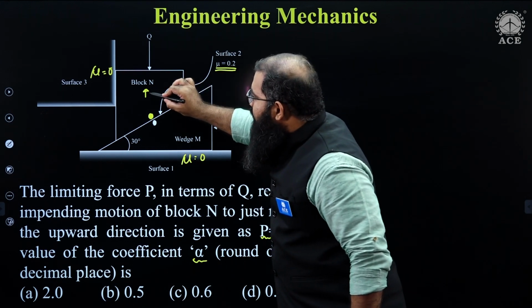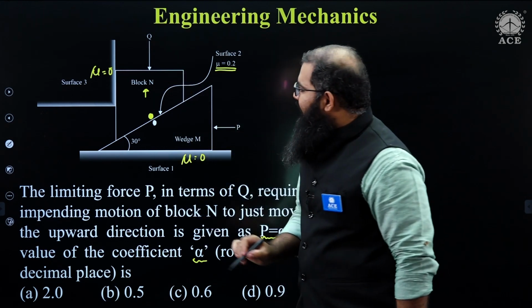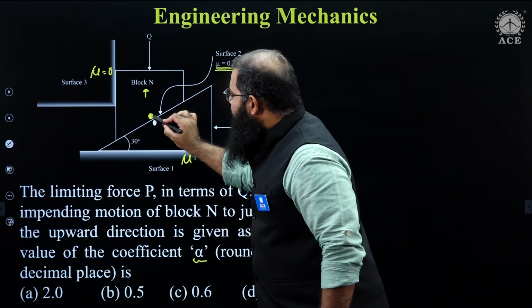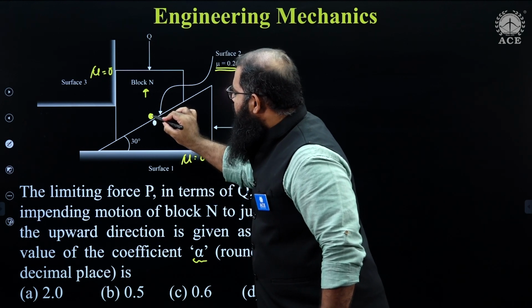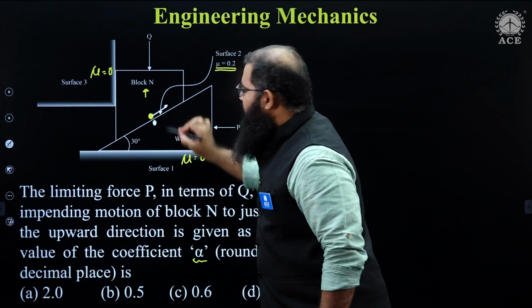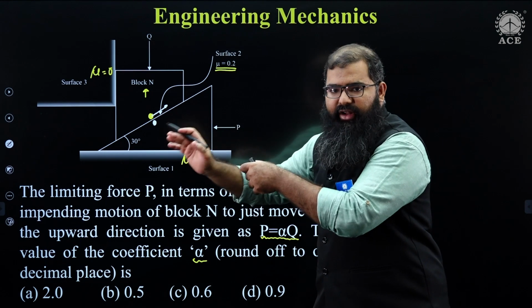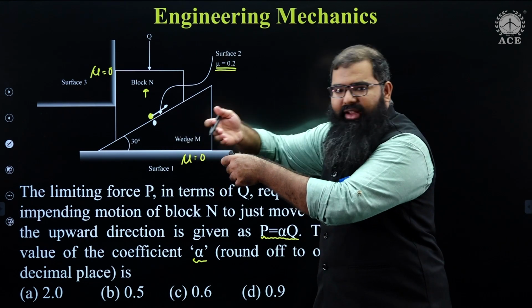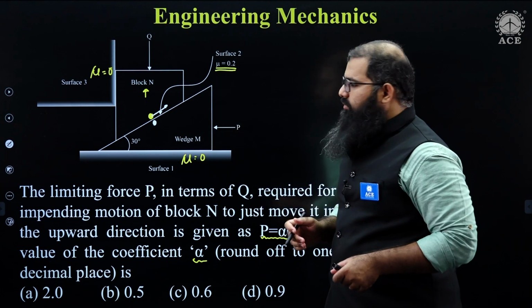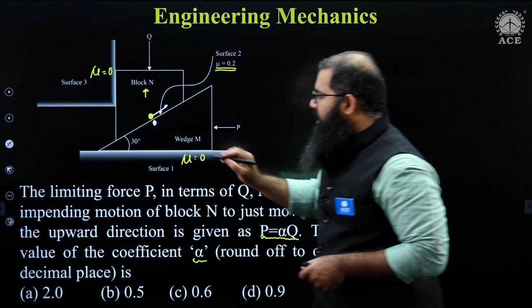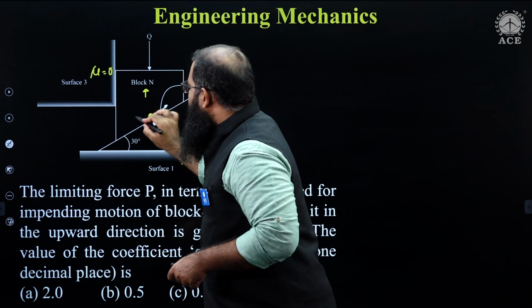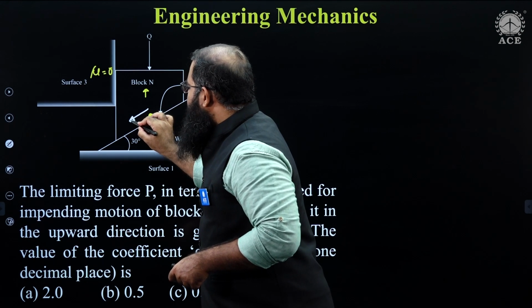Let us say these two particles are mating particles. Should the block N be lifting upward, what is happening? This particle which is in N is trying to move in this particular direction. Just imagine, I am pushing the wedge. If I push the wedge, the block relatively is moving in the backward direction. If the block moves in the backward direction, for the block, the friction is supposed to come in this direction.